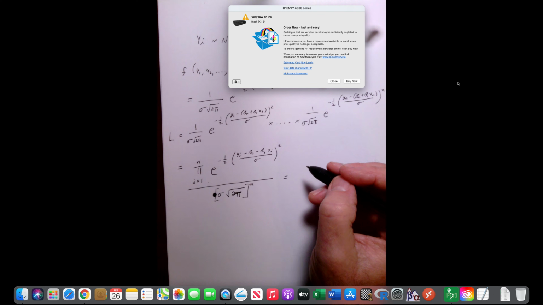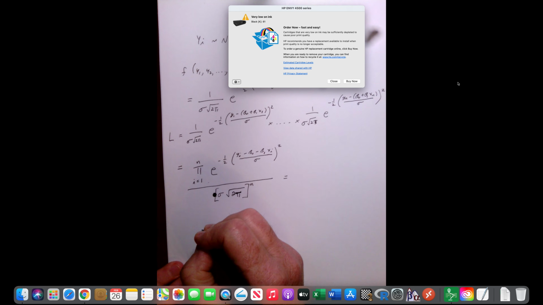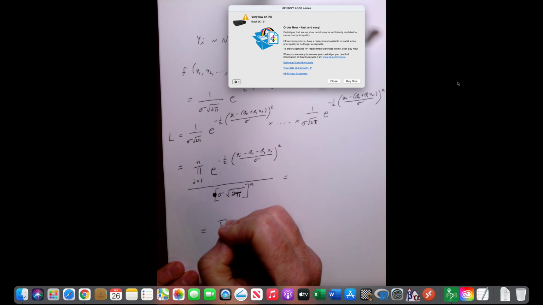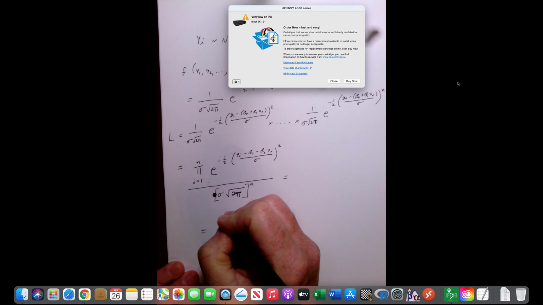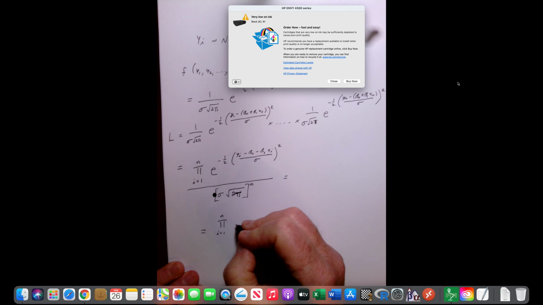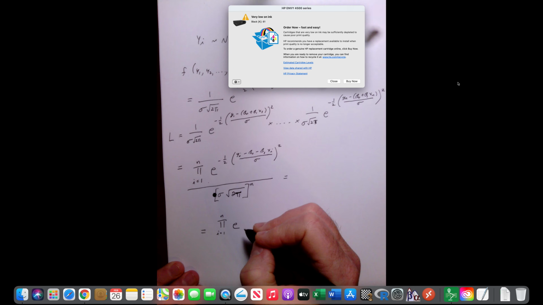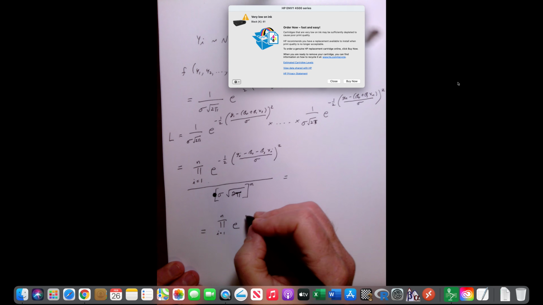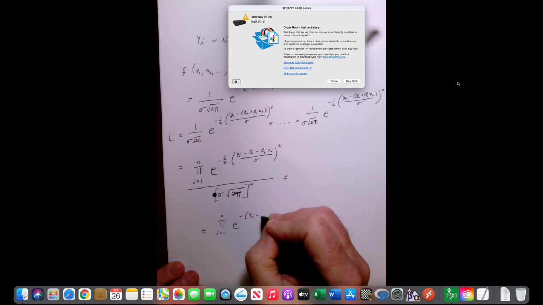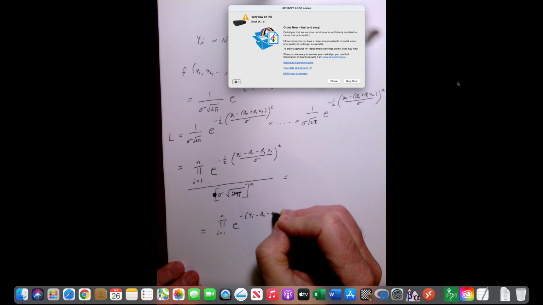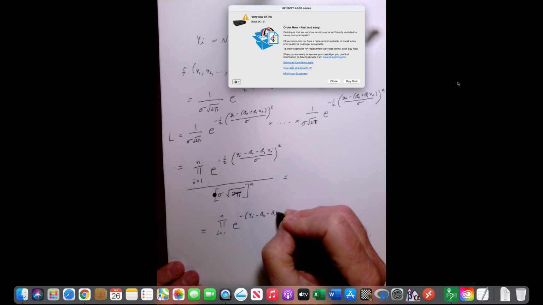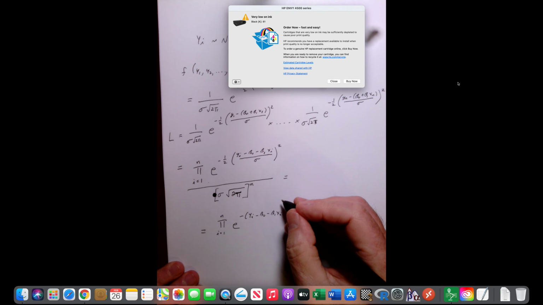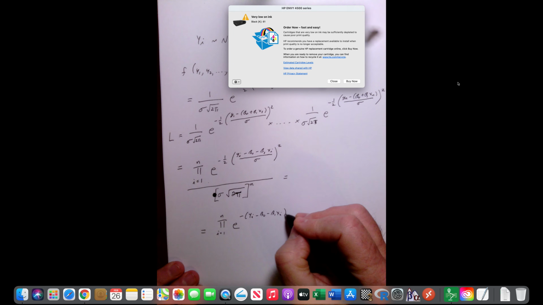So from there, I think we can clean up just a little bit more. So we have the product from i equals 1 to n. I'm having a hard time focusing on this right now. So we have minus y sub i minus beta 0 minus beta 1 x sub i squared.